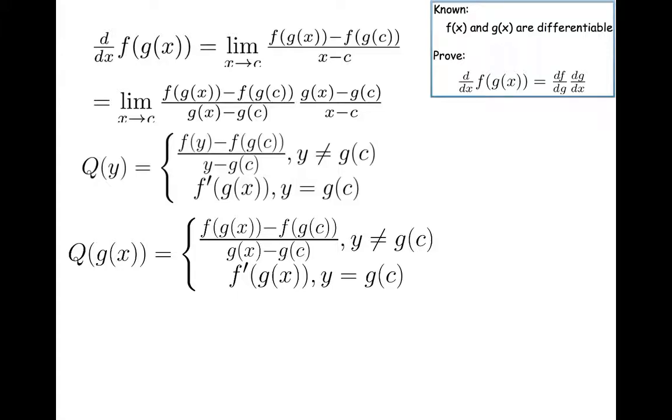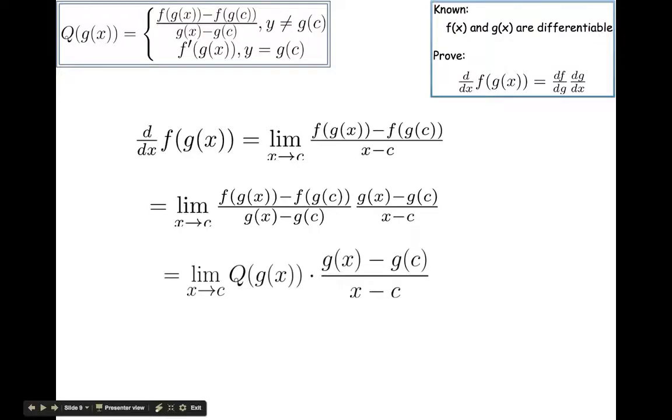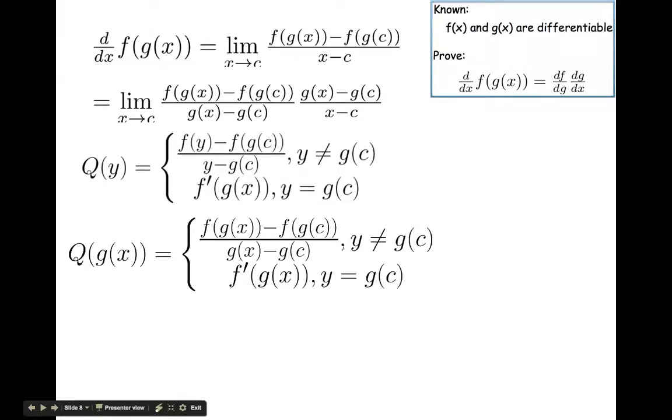q of g of x is equal to the derivative of f with respect to g, which is what we want. And the reason we can say this is because we're eventually going to plug this q of g of x into this thing right here, and it becomes this quotient here for f with respect to g.